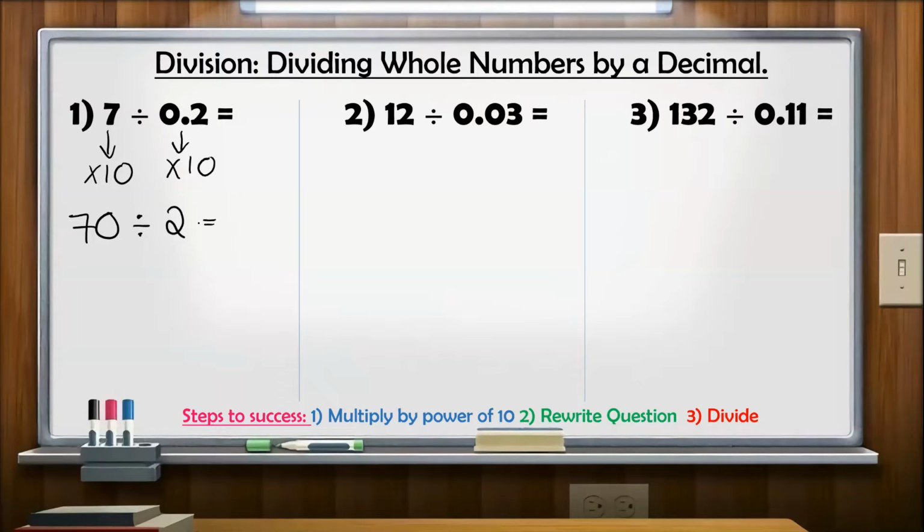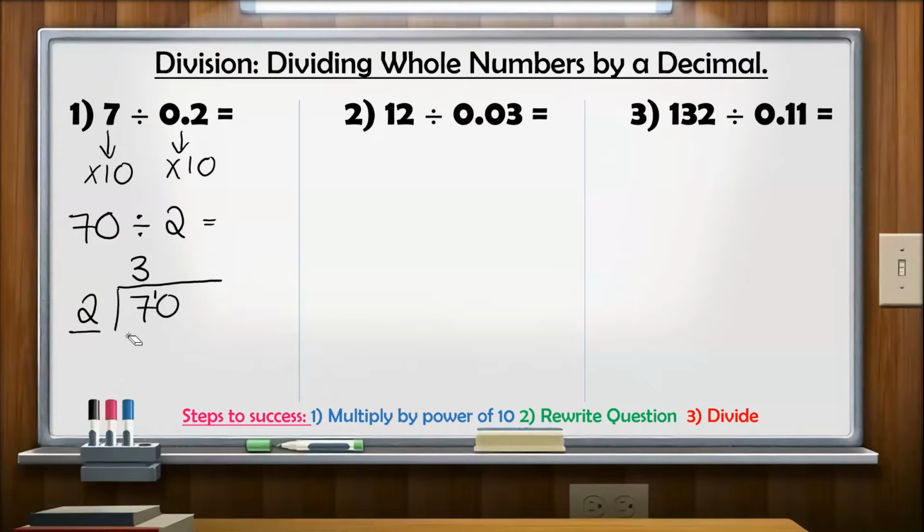And when it comes to division, I'm going to use my short division method, which is my bus stop. So I'm going to draw my bus stop, and on the inside, I will put the number 70, which is my dividend. And on the outside, I will put my divisor of the number 2. I'm going to ask myself, how many 2's are there in 7? And the answer is 3, with a remainder of 1.